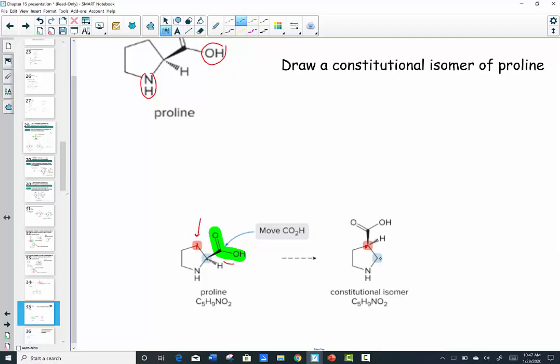So we moved the chiral center from the first position away from the nitrogen to the second position away from the nitrogen, making it indeed a different compound, a constitutional isomer. We moved the chiral center from position 1 to position 2 away from the nitrogen. Lots of correct choices.